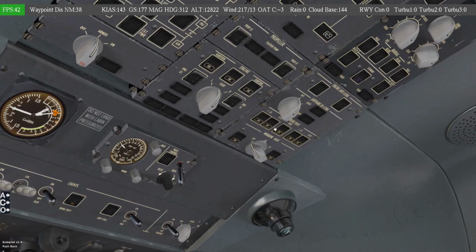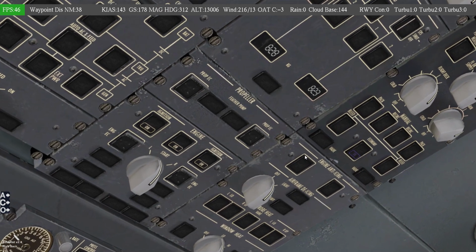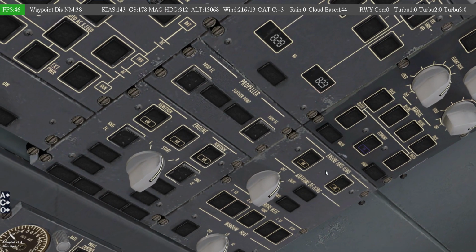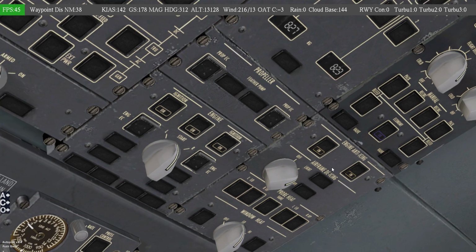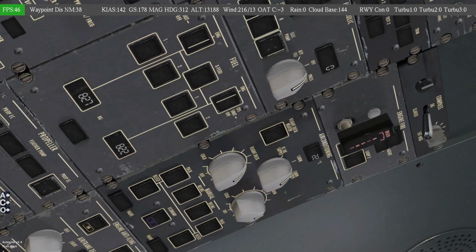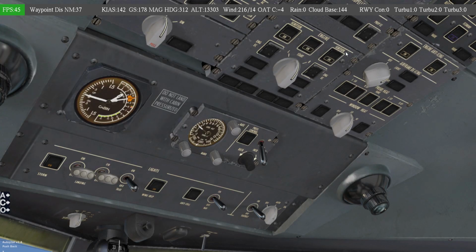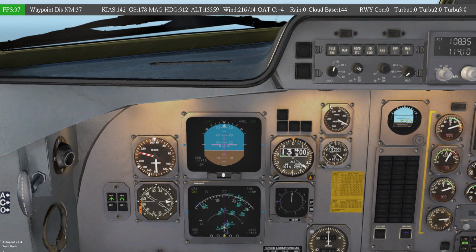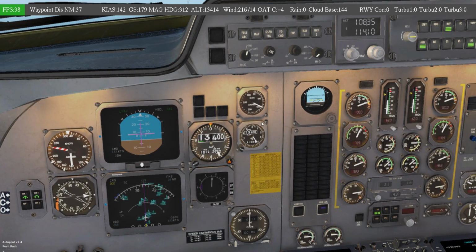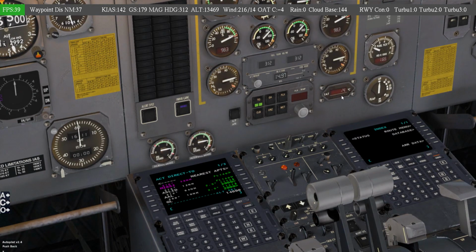Okay, we start to get some icy condition here, so we would actually set some heating on now. Just in case. As you can see, the outside air temperature is dropping to -4 degrees right now. You can also see that down here.